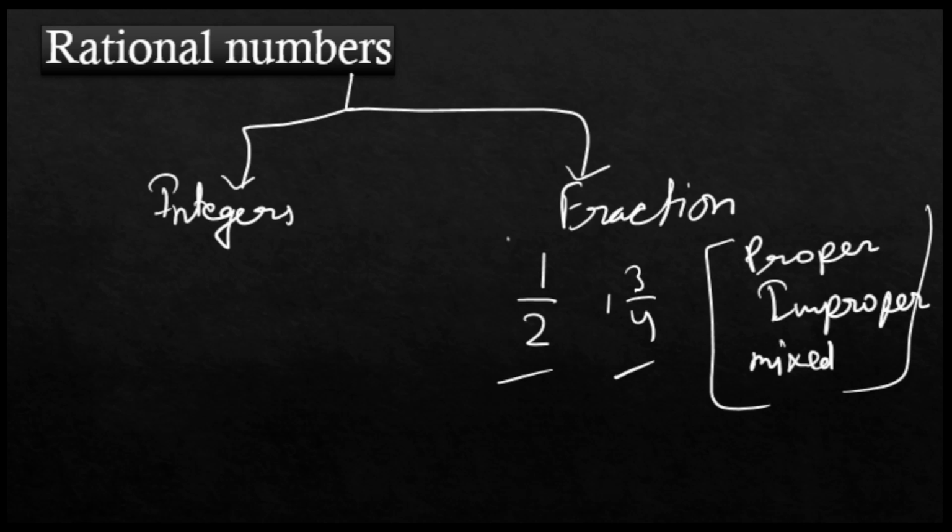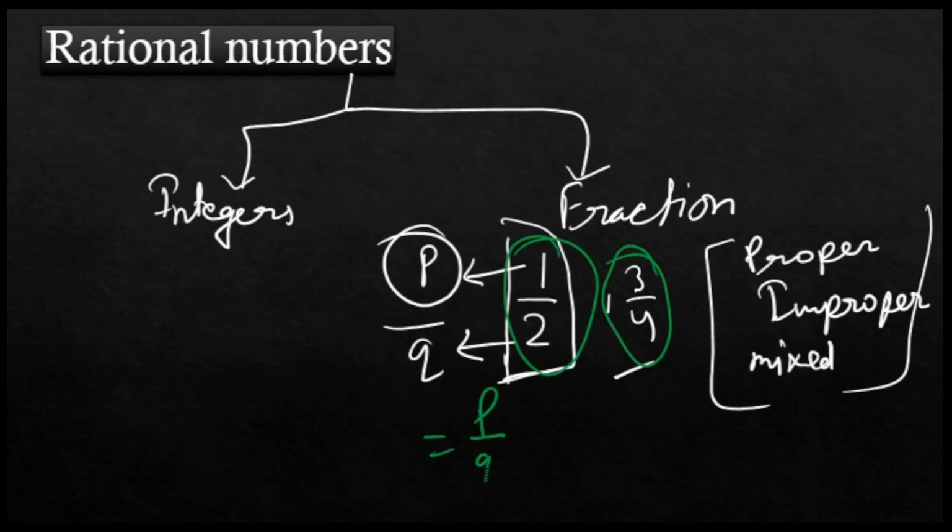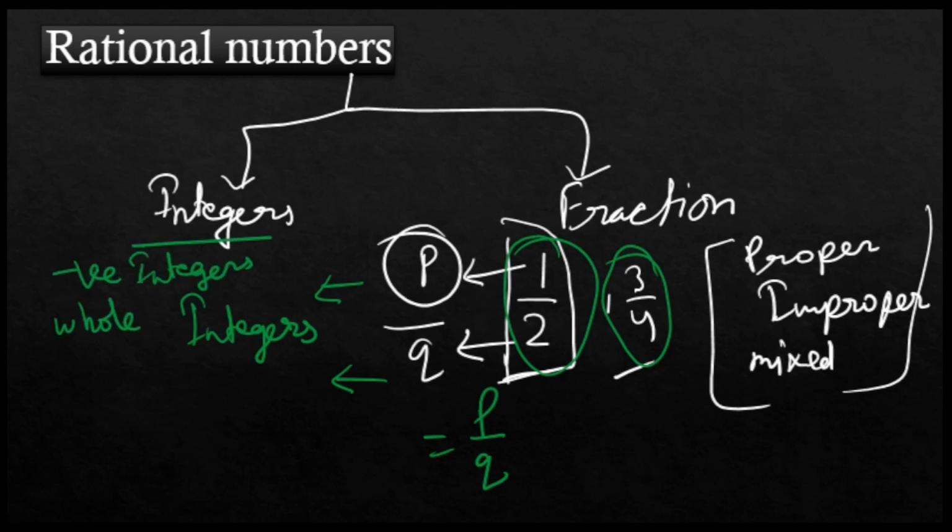So for numbers in this form, say the numerator is p and the denominator is q, the form is simply p by q, where p and q are integers. And integers can be negative integers, whole numbers, or natural numbers. Let's talk about it further.